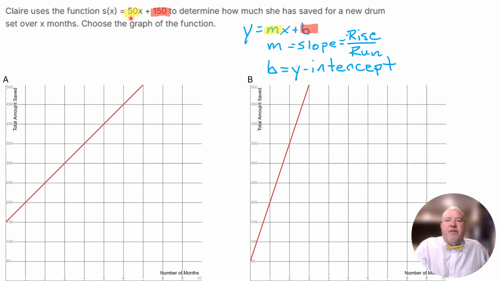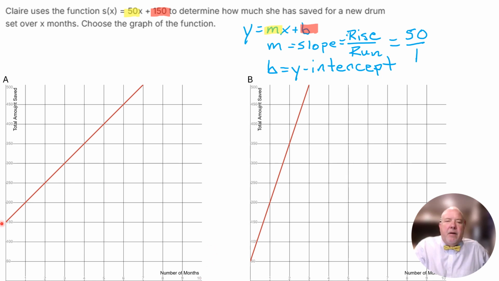So the slope is 50, and so again, we're going to use rise over run over here. So I've got rise over run. The 50, I'm just going to write it as a fraction. So I'm going to write 50 over 1. So that means I'm going to rise 50 and run 1.